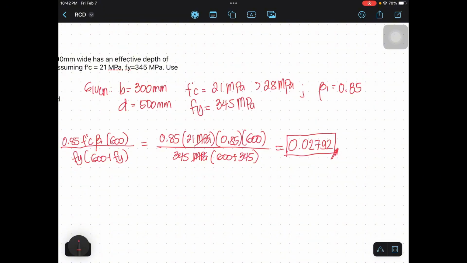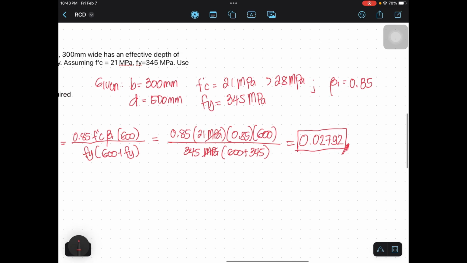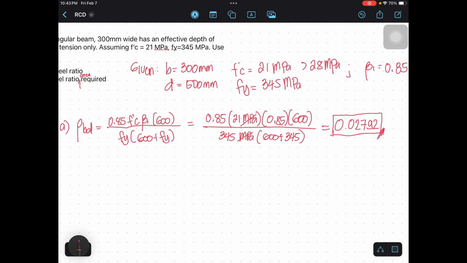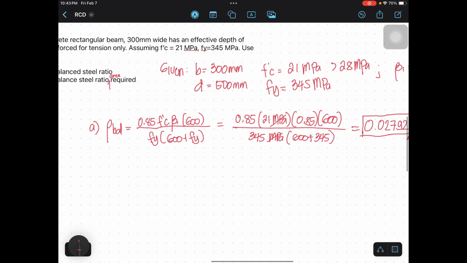Or pwede din natin i-store yung value nito para if gagamitin pa natin sa mga succeeding questions, at least malapit yung sagot natin sa real value of that answer or the specific ratio. Okay? So kasi ito ay irrational number, so the more decimal places we consider, the closer to the real value it will get. So that is for balanced steel ratio, letter A.